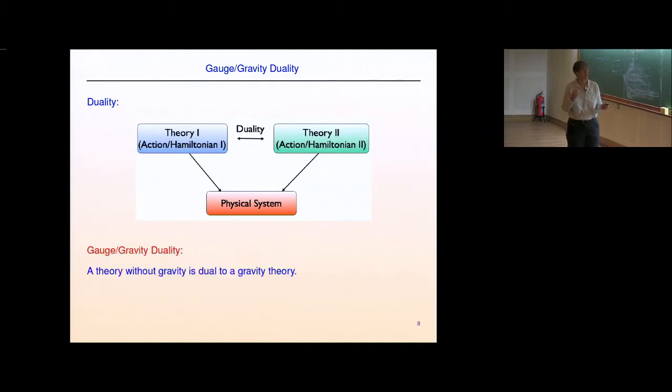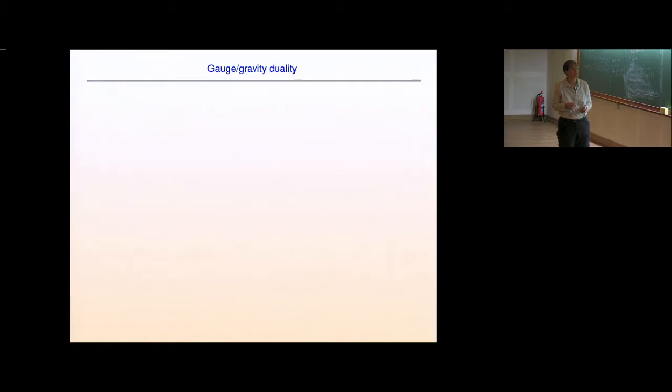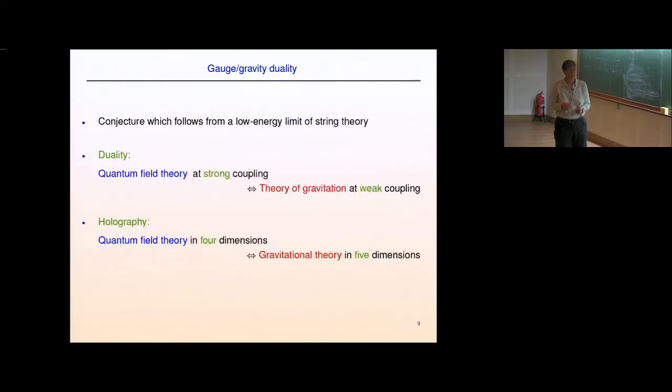What makes gauge gravity duality special is that a theory without gravity is dual to a gravity theory. So you have a strongly coupled quantum field theory, which is dual, in the sense of this definition, to a gravity theory. Before I go any further, I should say that gauge gravity duality is still a conjecture.